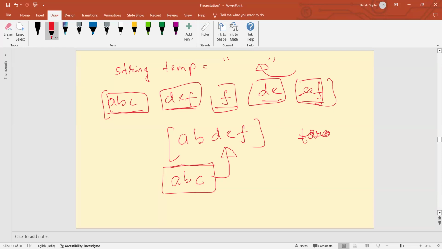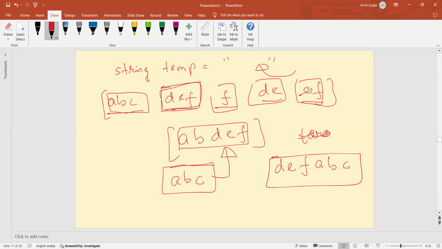Now just imagine that you are maintaining this string and you are going over all the possible indexes. So at every index, at every possible option, you are choosing. Let's suppose the target string was not ABDF and it was something like DEF ABC instead. What would you have done? You have the option to choose DE.